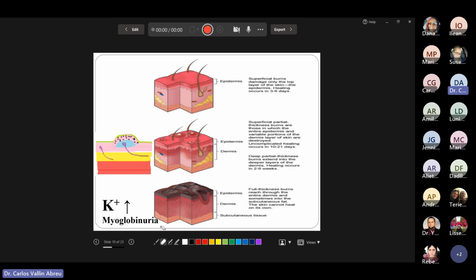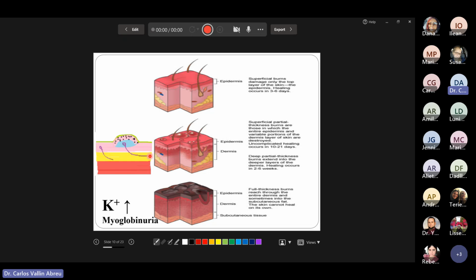This is the skin. In the dermis we have tiny capillaries, and we have nerve terminals, so we can feel the heat, the cold, the vibration, the pressure, the pain, etc., in the skin because we have nerve terminals in the skin.